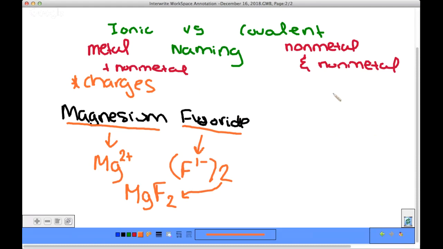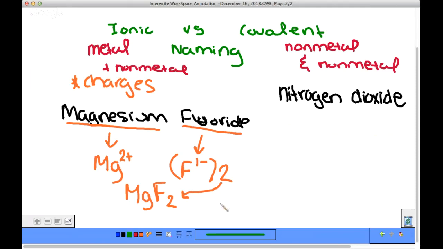Covalent compounds are a little bit easier because you don't have to pay attention to charges, but you do have to realize that covalent compounds have prefixes. Say that we have nitrogen dioxide.